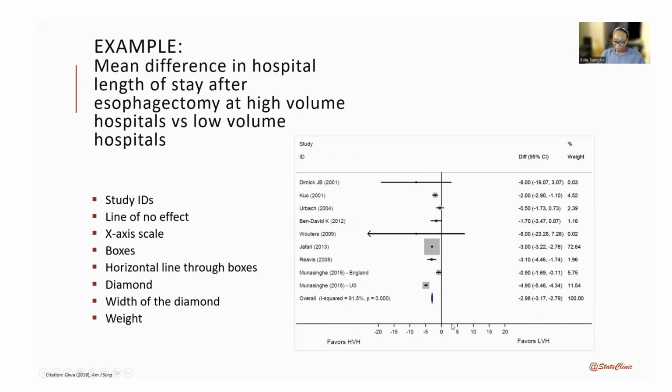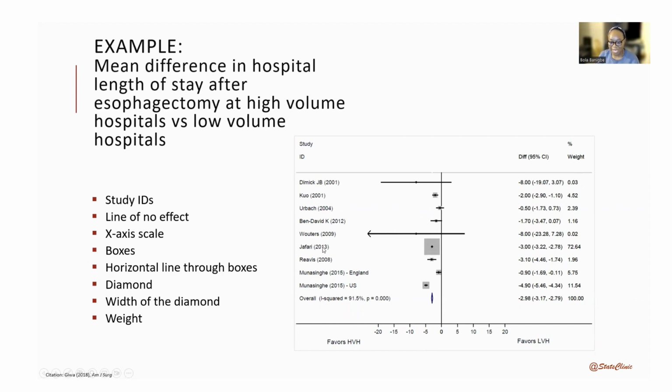The line of no effect, remember, because we're comparing the mean between two groups, if there's no effect, then the mean difference is 0. So the line of no effect is at 0. The x-axis scale just shows you the range of the mean differences and the 95% confidence interval among the primary studies and the overall.